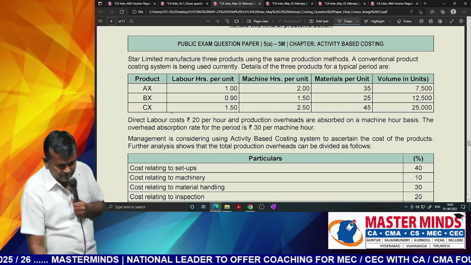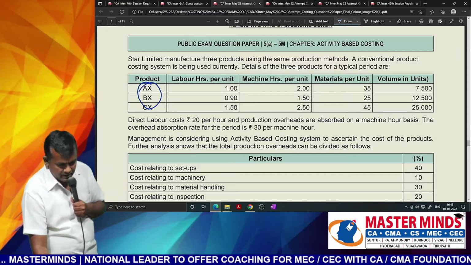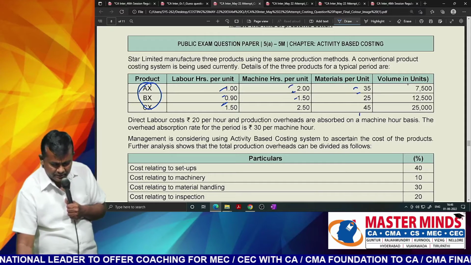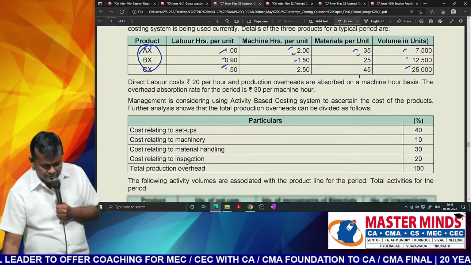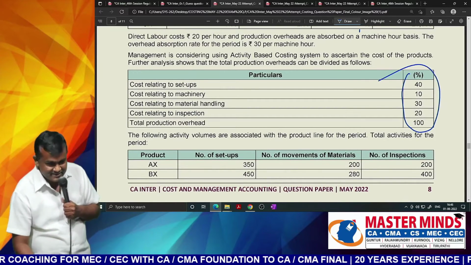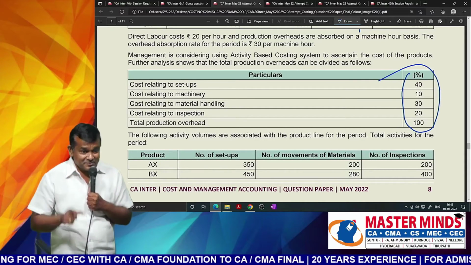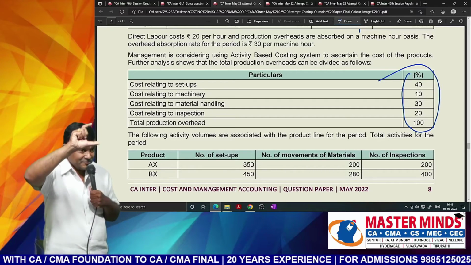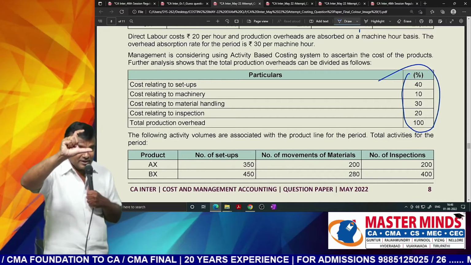Here 3 product names are given: labor hours per unit, machine hours per unit, material per unit, volumes. These were already discussed in the classroom. First we have to calculate total overhead cost amount.